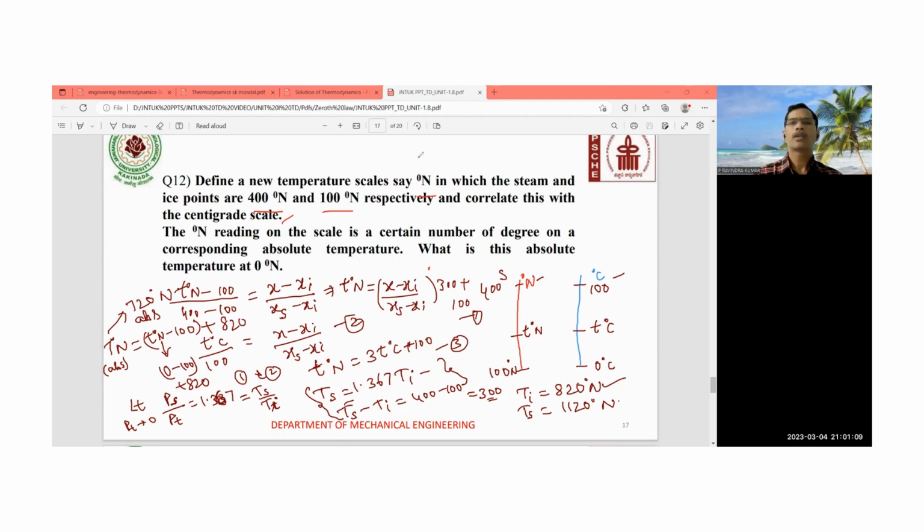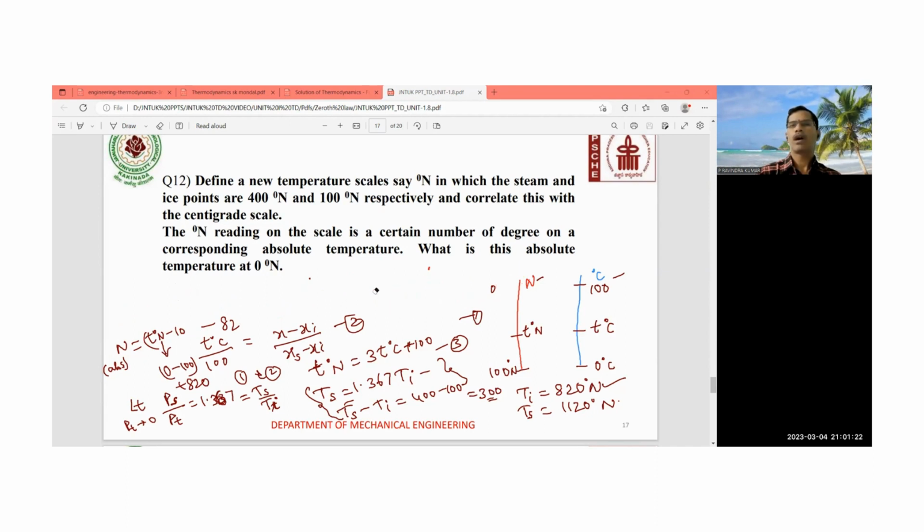Hope for today's class I have covered so many problems on the zeroth law of thermodynamics, and the student has to recognize the importance of the zeroth law of thermodynamics for solving different varieties of temperature scale problems.